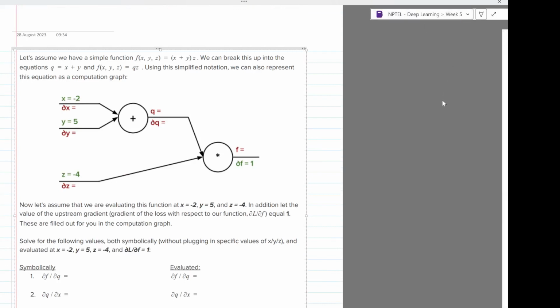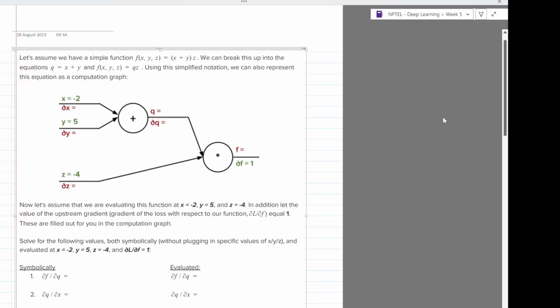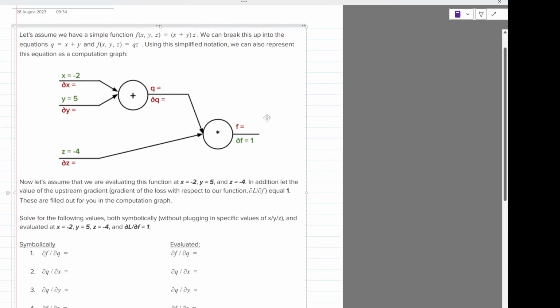Discussion. So let's assume we have a simple function f(x, y, z) equal to (x plus y) times z.